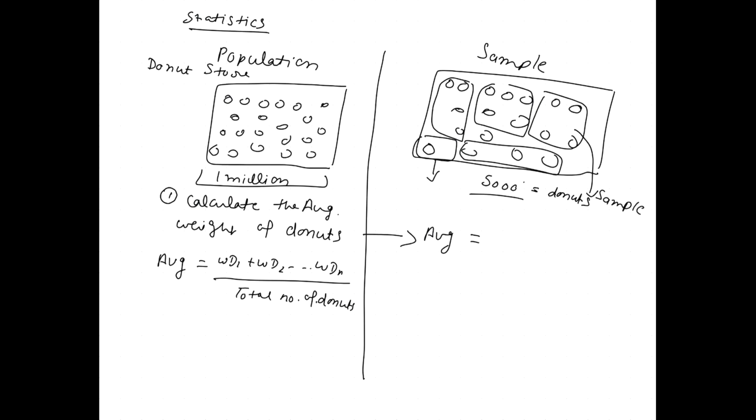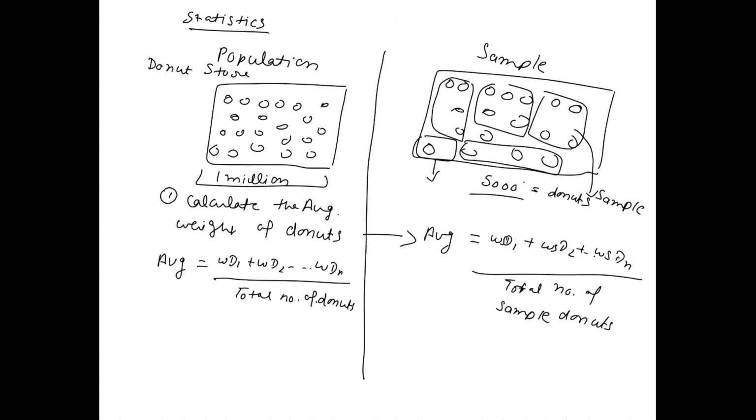So here we have the weight of the first, the weight of your second. We can name it WS, the weight sample of D2, and so on, and then divided by the total number of sample donuts. So this is the difference.